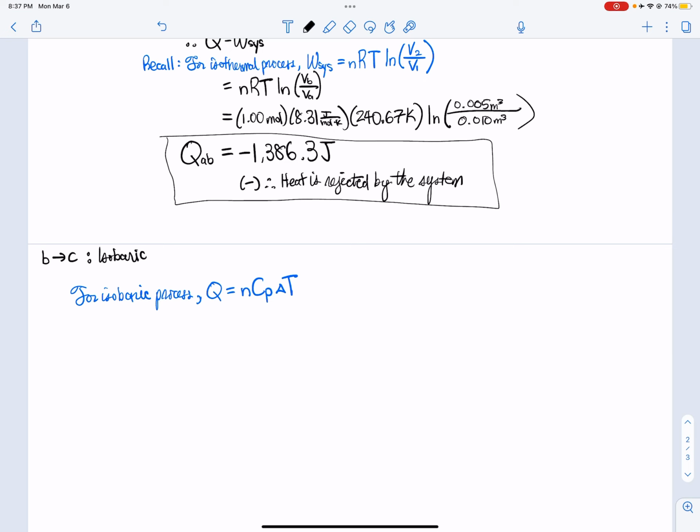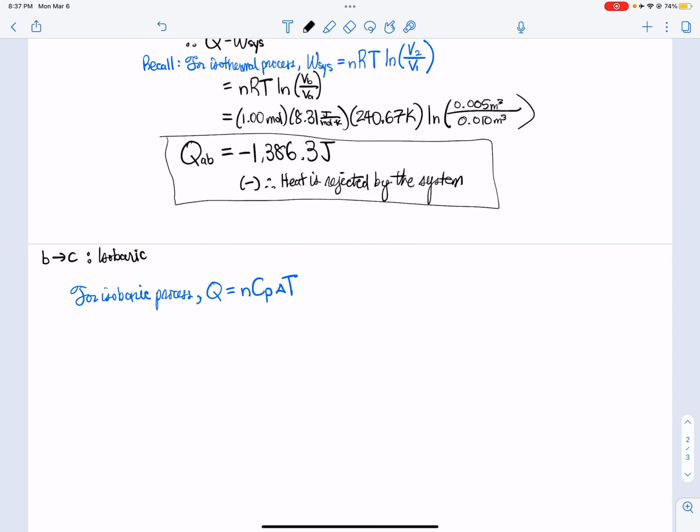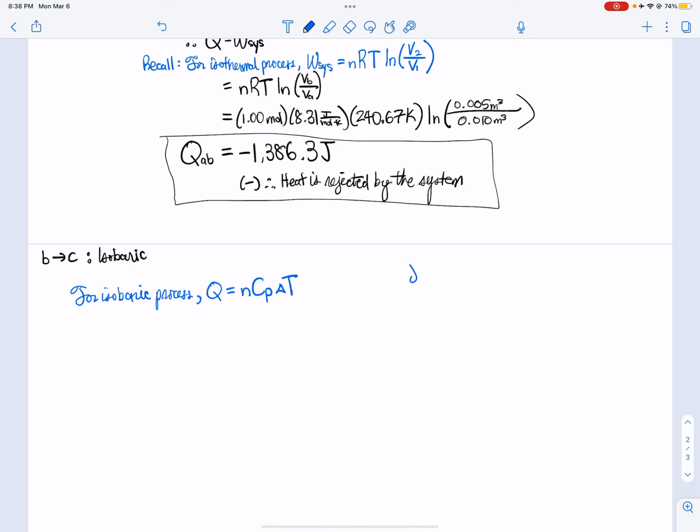Before we use that, we're not given CP, right? But we should know this from our notes. So if you don't have this, please have this in your notes, that the ratio of molar heat capacity, gamma, is equal to the molar heat capacity for constant pressure divided by the molar heat capacity for constant volume.